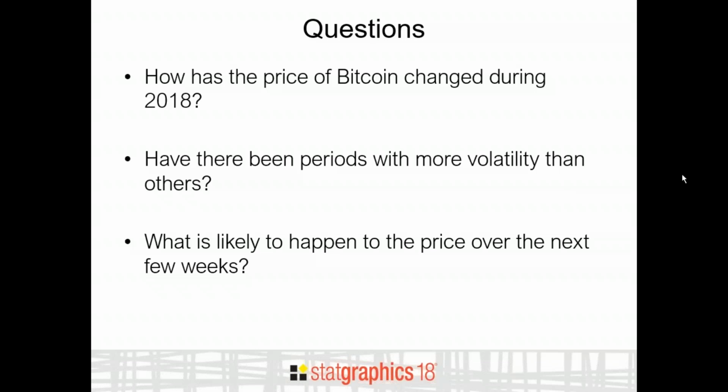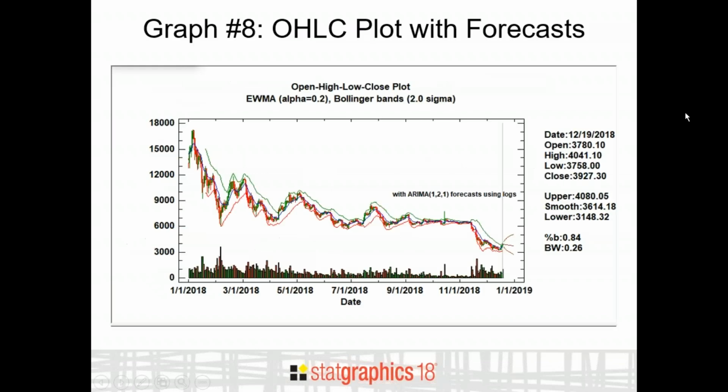Now, the graph I want to show you is an open-high-low-close plot on which I've superimposed some forecasts. In Statgraphics, we create a plot called an OHLC plot, which plots on any given day a bar ranging from the high price during the trading session to the low price.